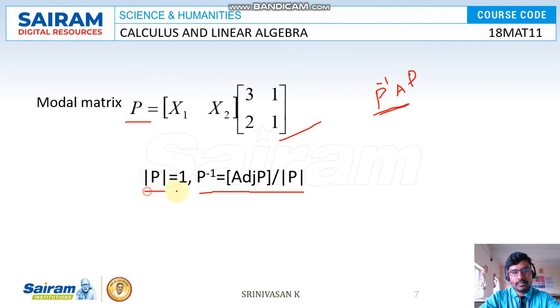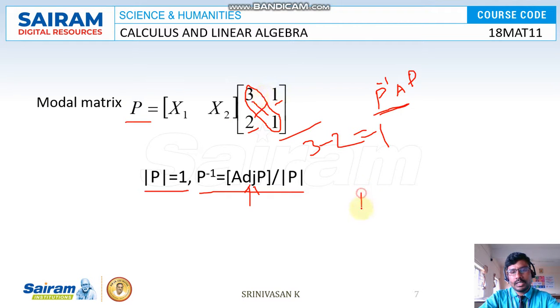So what is the determinant of P? Determinant of P is 1. So 3 minus 2, so that is equal to 1. So determinant of P equal to 1. Next we have to find the adjoint of P. Adjoint of P is just to interchange the diagonal elements and replace the sign of the remaining ones. Only replace the sign. If it is plus, it becomes minus, and if minus, it becomes plus.